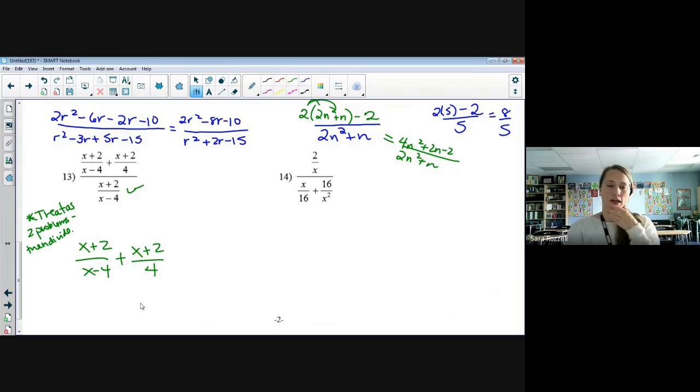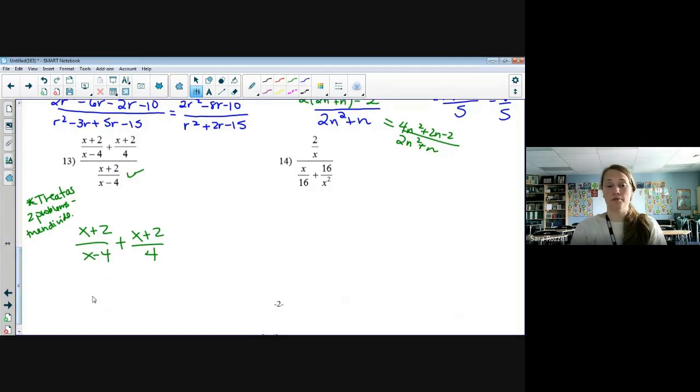Okay, so I rewrote that down here. So I need a common denominator. Is there anything in common with x minus 4 and 4 in terms of factors that we could split it up? No. So our common denominator is just going to be the two of them multiplied together. So 4 times x minus 4 is our denominator.